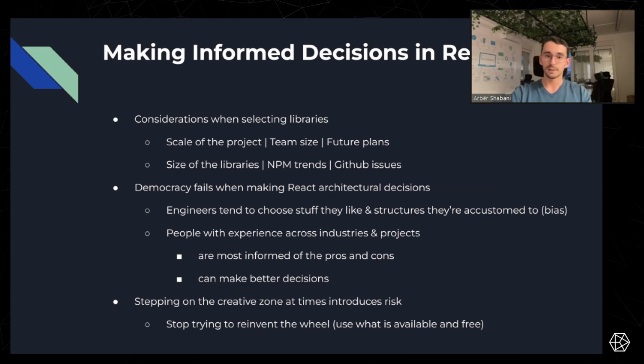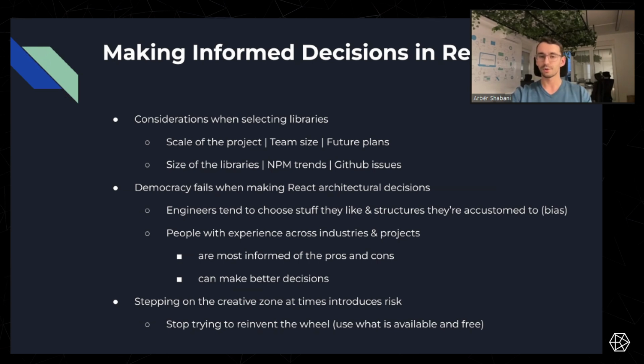The next thing is that democracy fails when making React architectural decisions. This happens because engineers tend to choose things that they used before and like. They're accustomed to certain things and like to use that technology. That's a biased thing because you just want to make things easier for yourself.